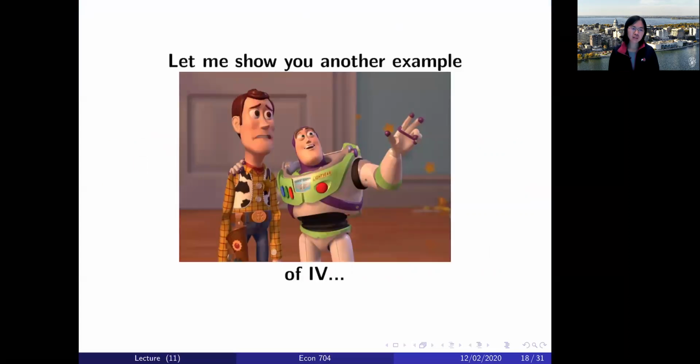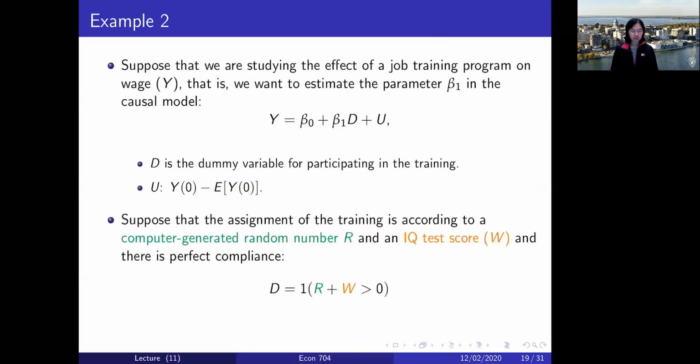Let's now consider another example. In this second example, suppose that we are studying the effect of a job training program on wage. So wage Y is the dependent variable, and D is the causal variable of interest.